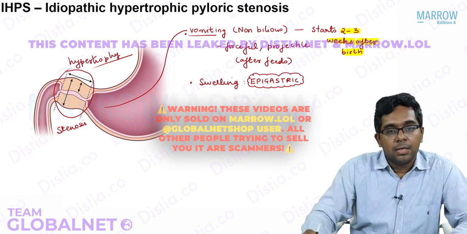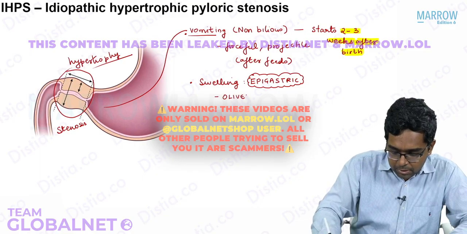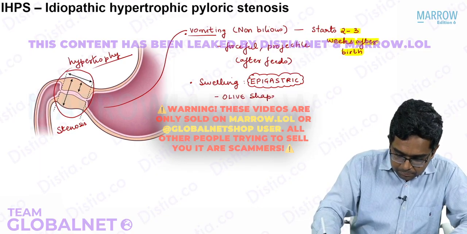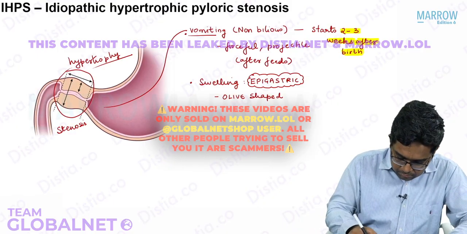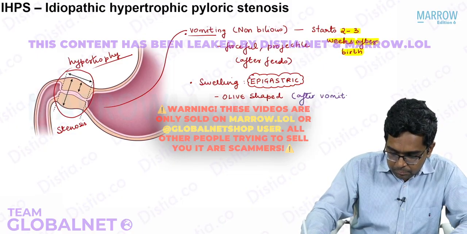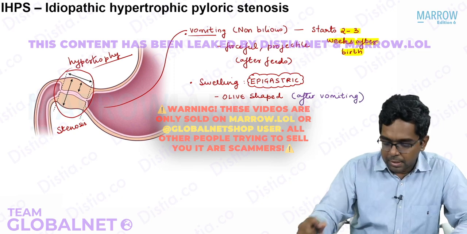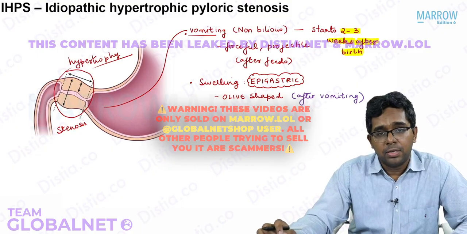The classical shape of the swelling is olive-shaped, and this swelling is usually noted after the child has vomited. That is the classical description of swelling in hypertrophic pyloric stenosis.